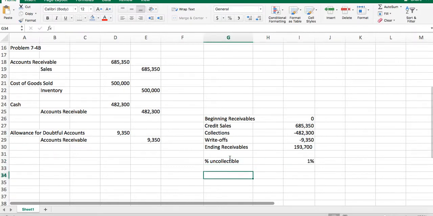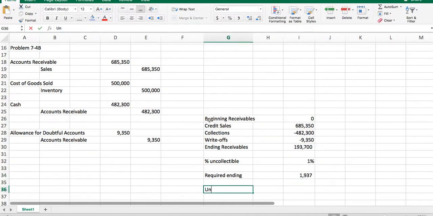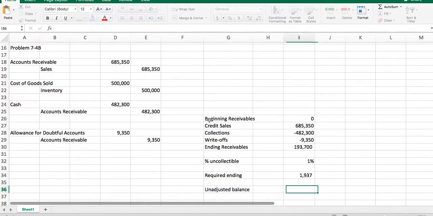And our percent uncollectible is 1. And so our required ending, we take this number times our percentage, 1,937. We have an unadjusted balance, which was given to us, of 9,350, and that's a debit.